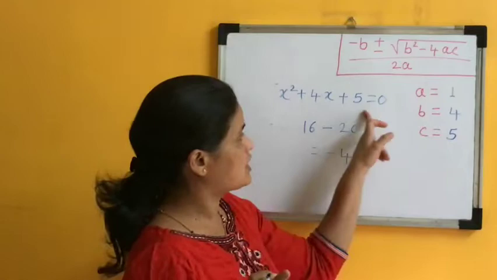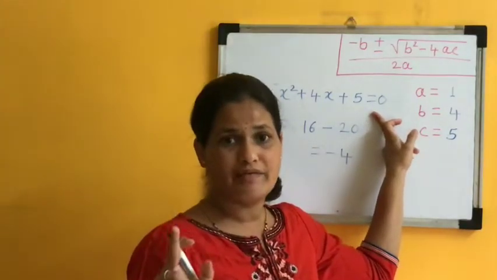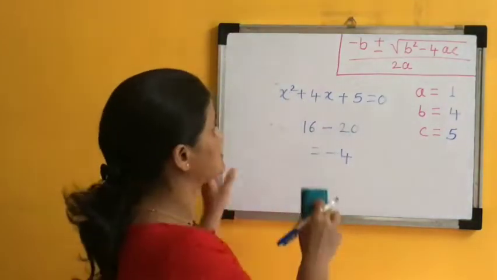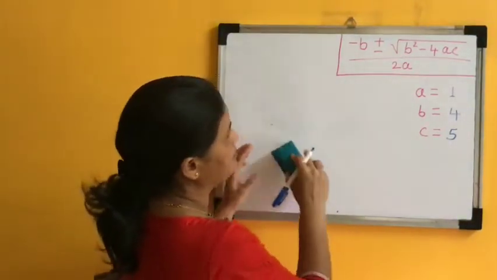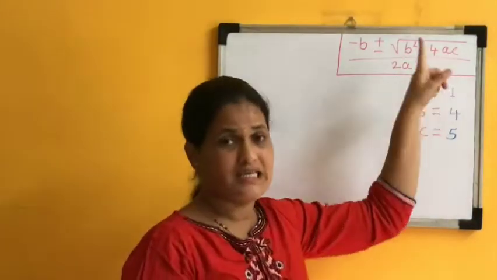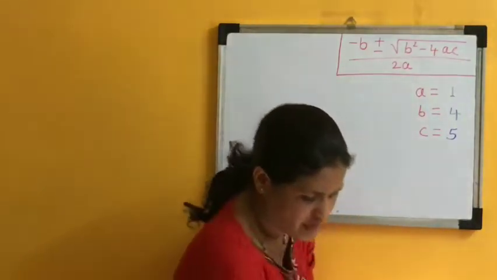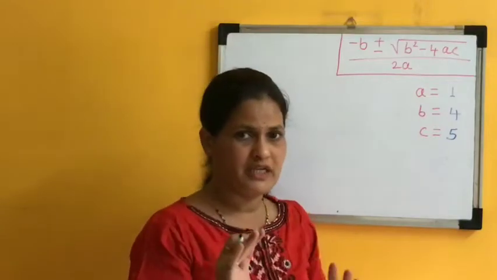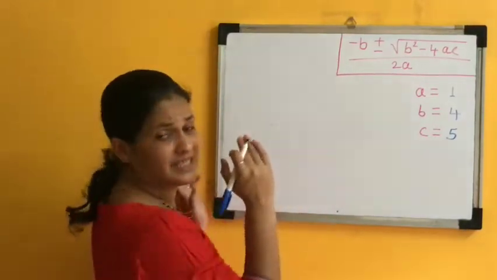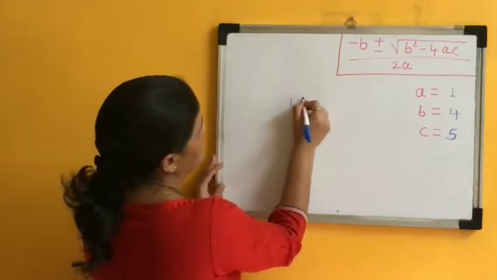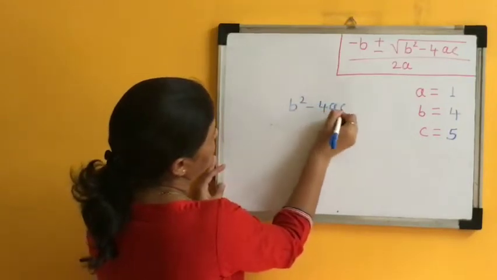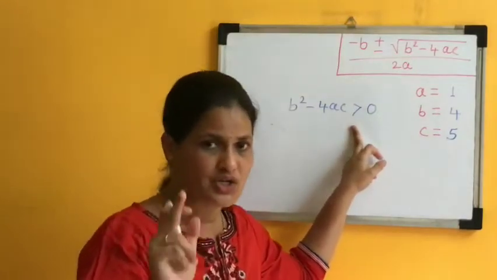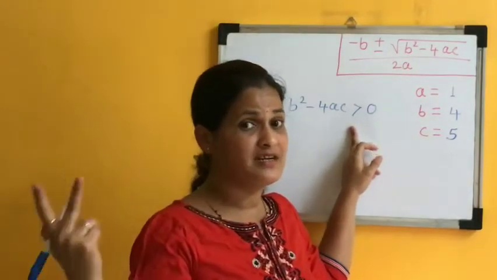That means this equation is not having real roots. And which term decided this, friends? Yes, you are right. b square minus 4ac is deciding whether the given equation is having real roots or not. So there are three rules. If b square minus 4ac is greater than 0, the given quadratic equation will have two distinct roots.